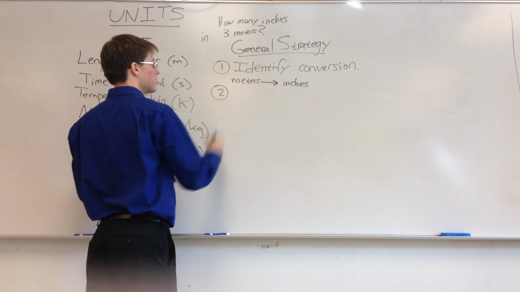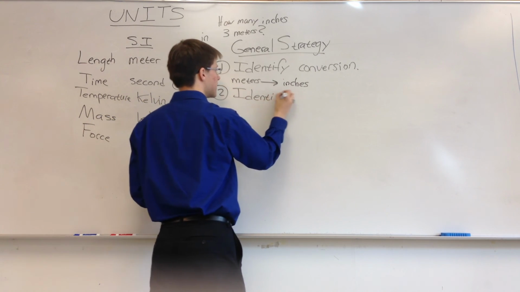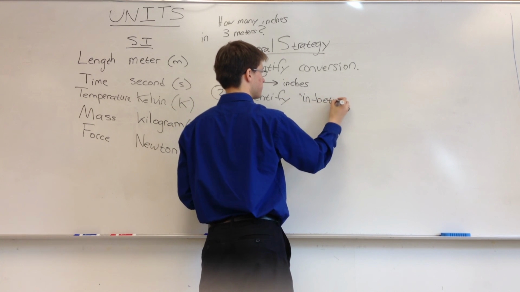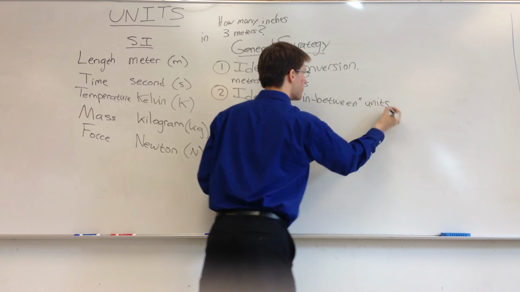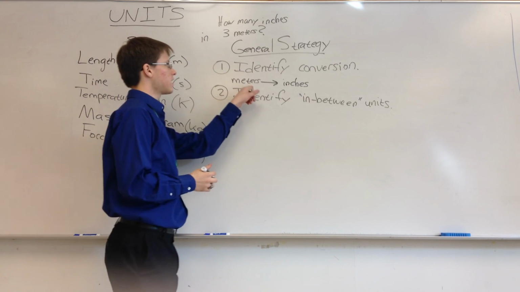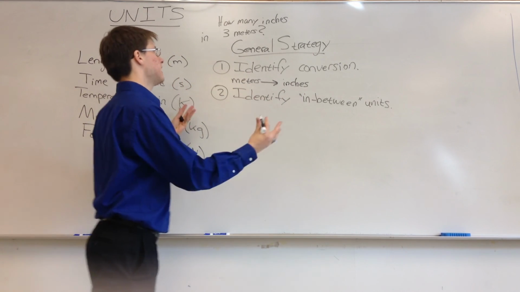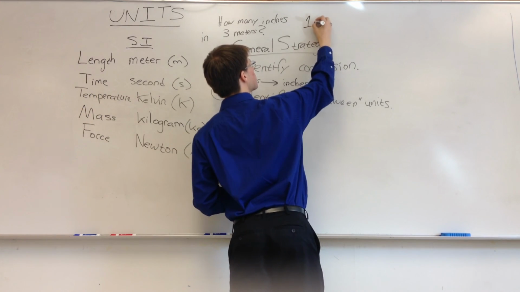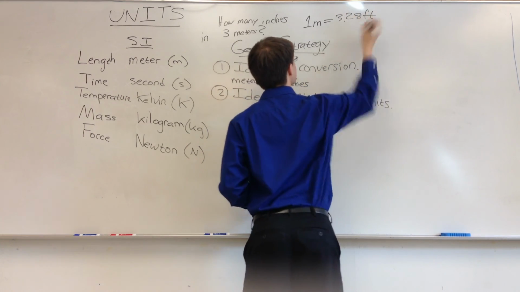Step 2 is to identify what I'm going to call the in-between units. What I mean by that is we can't convert directly from meters to inches. We don't know the conversion. But I'll give you, however, that 1 meter has about 3.28 feet.